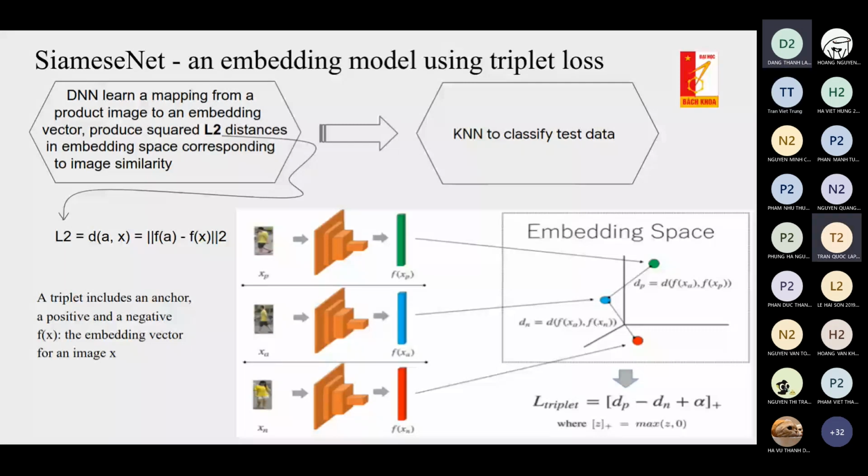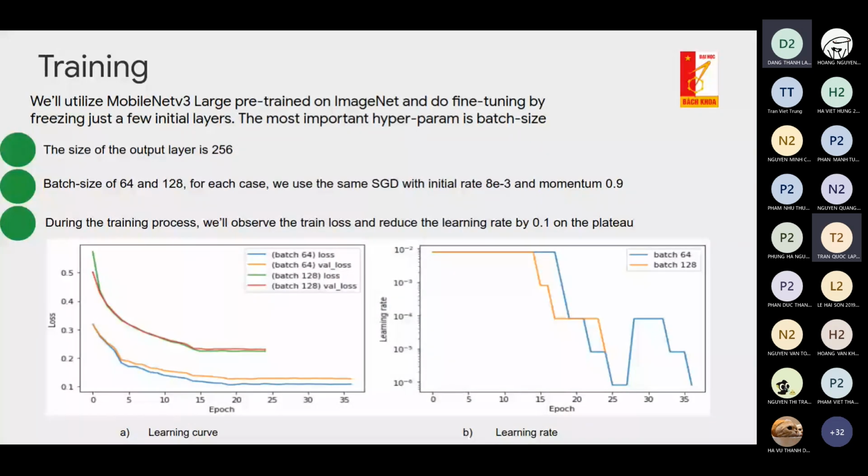Because in order to compute the loss, we need to have chiplets. As we said earlier, we want to find the good chiplets, which are the hard chiplets and semi-hard chiplets. But how to find the good chiplets? Our class count is very huge, but there is very little data per class.